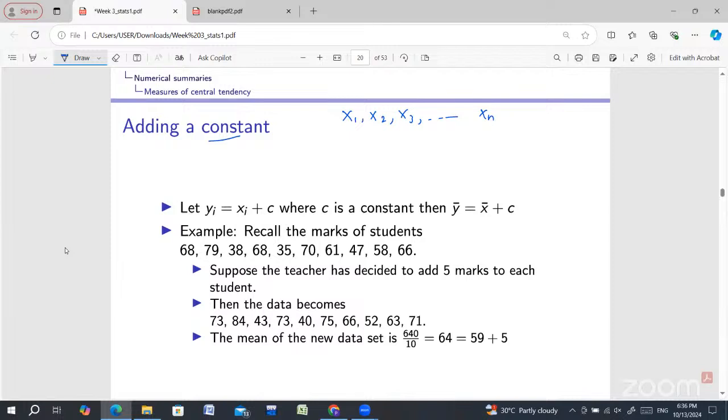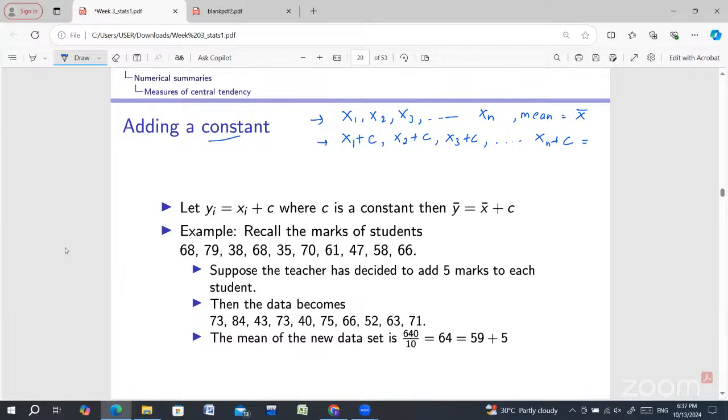Then you add a constant c to each data point: x1 plus c, x2 plus c, x3 plus c. In this way you are adding c to each data point. For the original data, your mean is x bar.